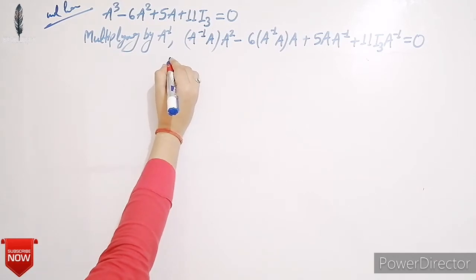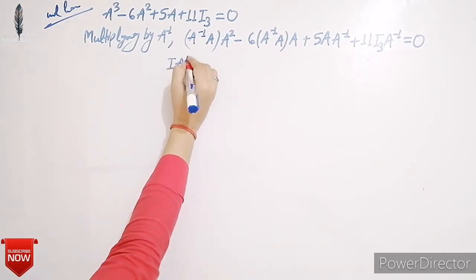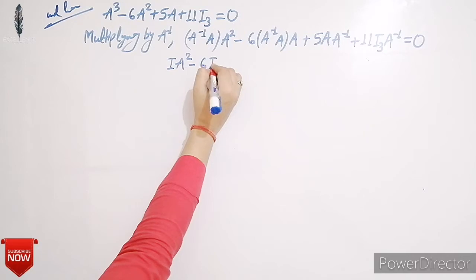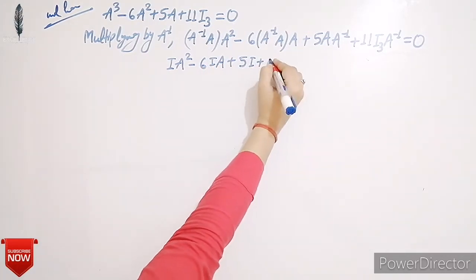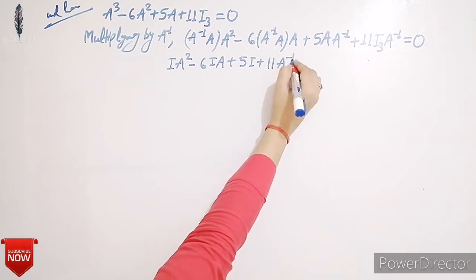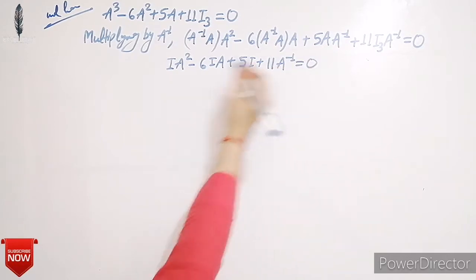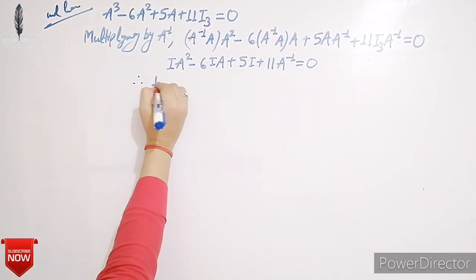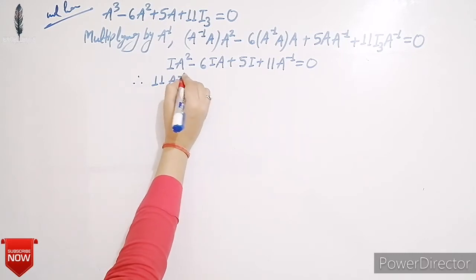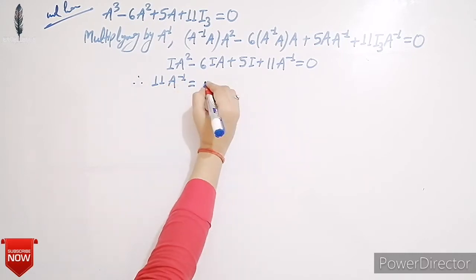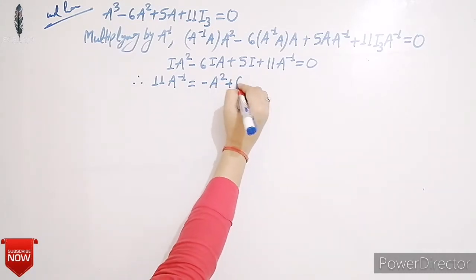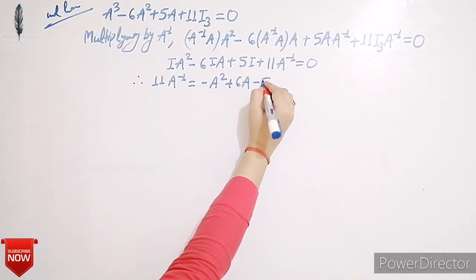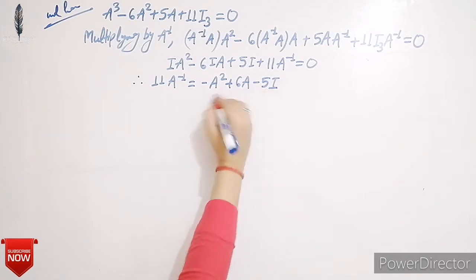So A inverse A equals I. So IA square minus 6IA plus 5I plus 11 A inverse equals 0. So 11 A inverse equals minus A square plus 6A minus 5I.